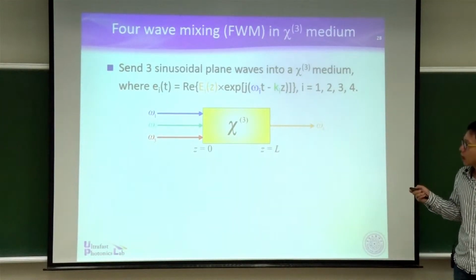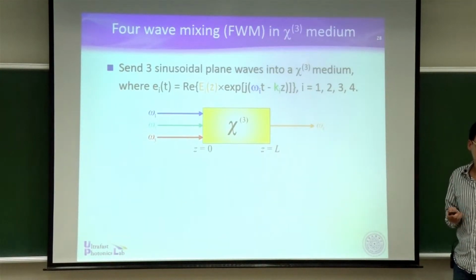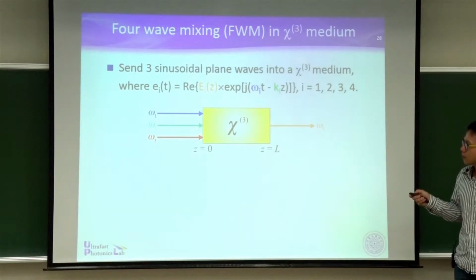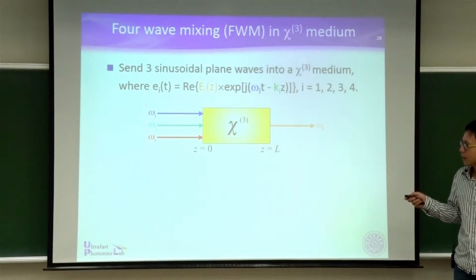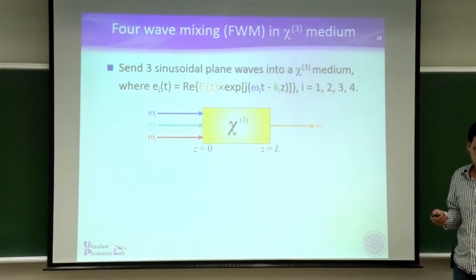It's a complex function of z, because inside the medium all the frequency components change with propagation distance. Simply imagine that initially the three input waves are stronger, so they have larger phasors.